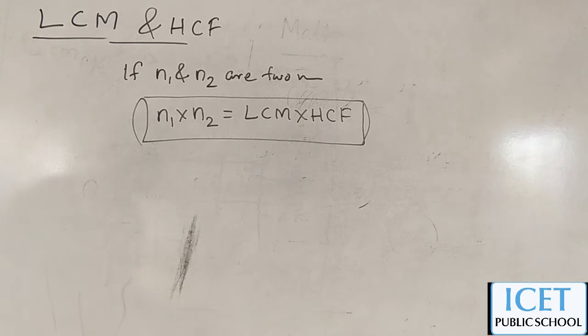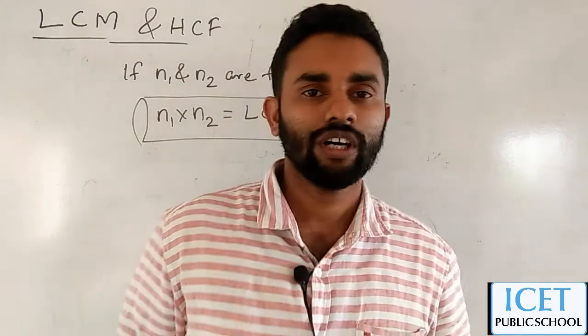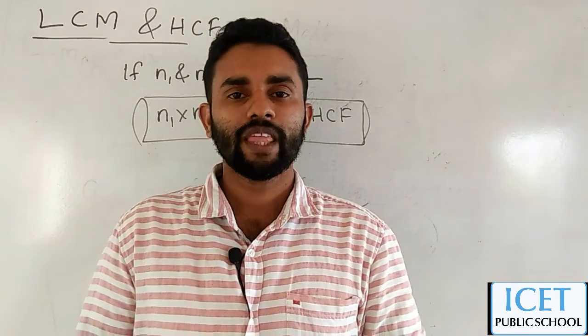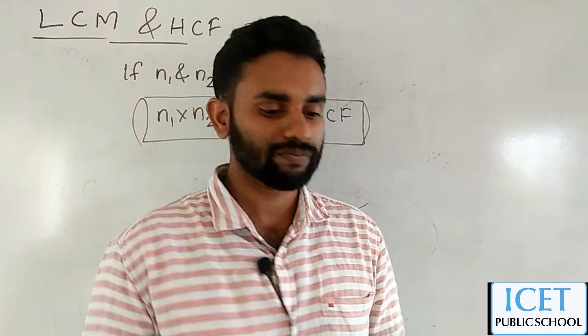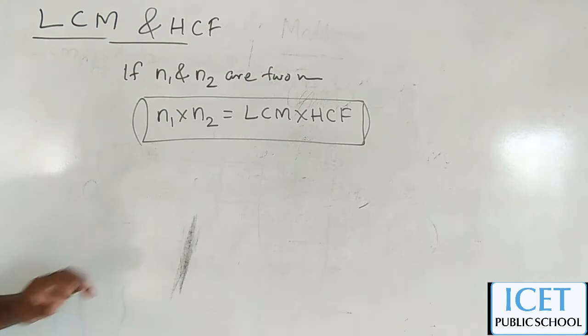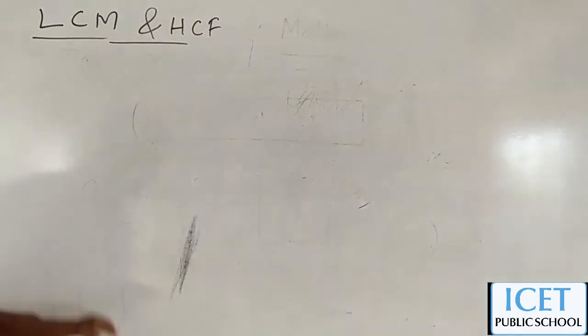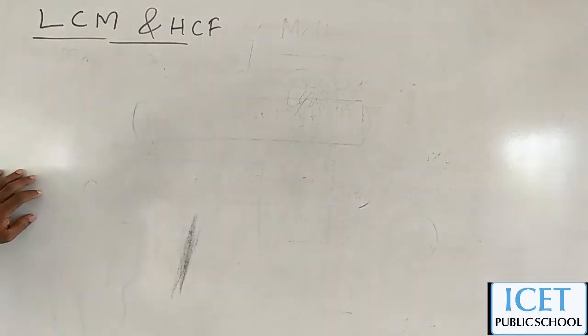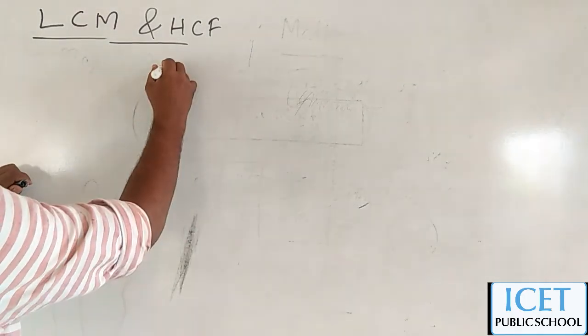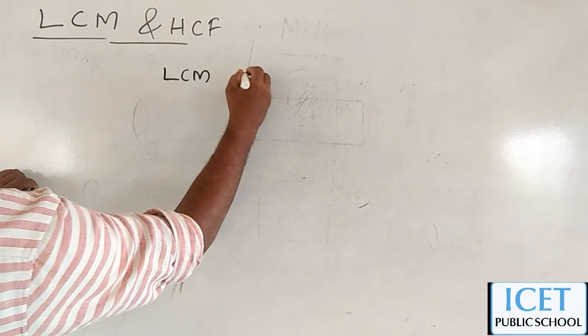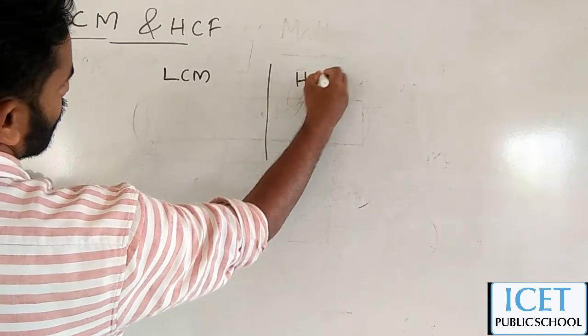Okay. Let us do some more problems based on the LCM and HCM. Before that, we have to conclude what is LCM and HCM. There are many problems. Let us just discuss in case of the LCM and HCF. Okay, LCM and HCF.